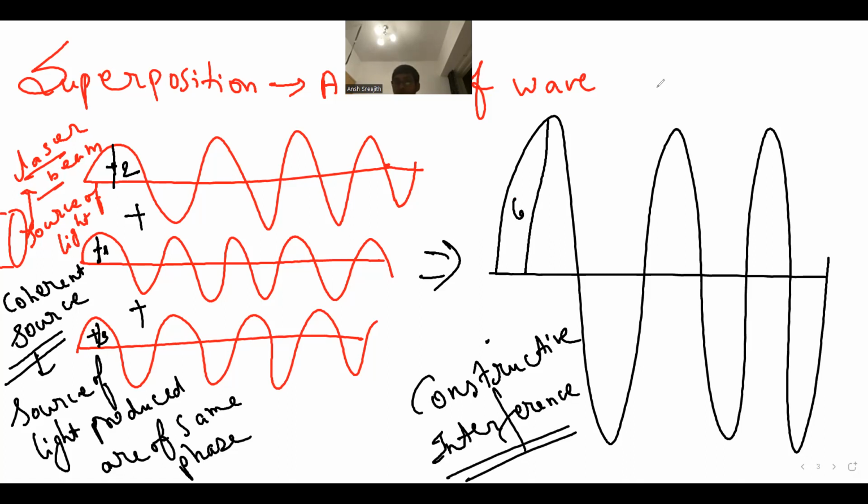In any case, intensity is directly proportional to the square of your amplitude. Understood? Intensity means power, the power of the wave, how much higher it will be.